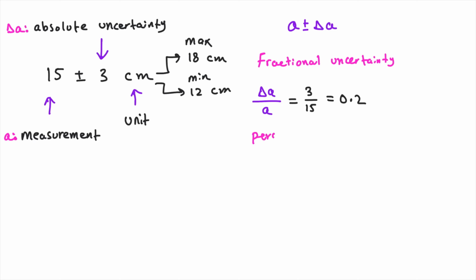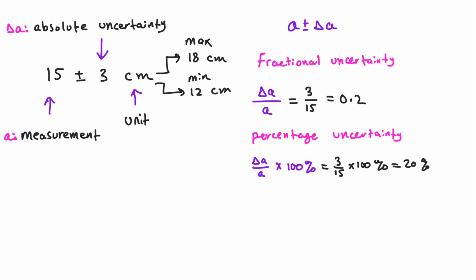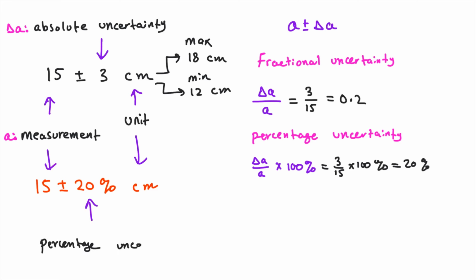We can then turn this into a percentage uncertainty by multiplying the fractional uncertainty by 100%. Here we will get 20%. We often write the measured value and uncertainty together using absolute or percentage uncertainty. We don't often use fractional uncertainty in writing as it could get confusing since it looks similar to the absolute uncertainty.